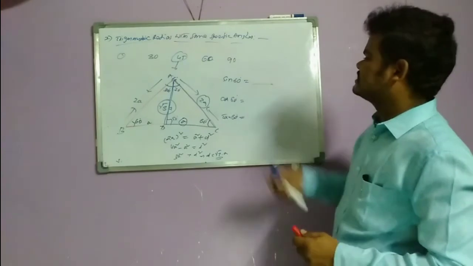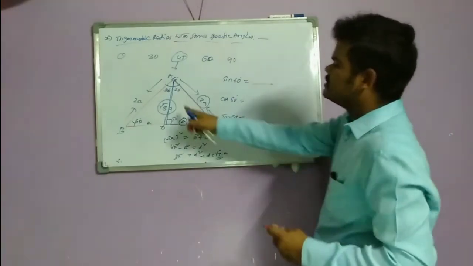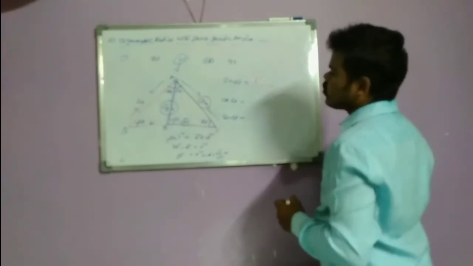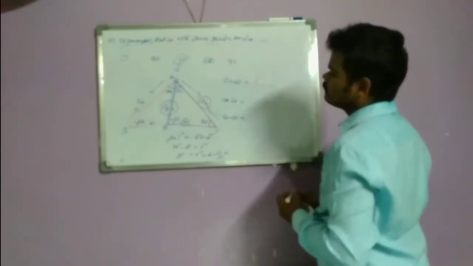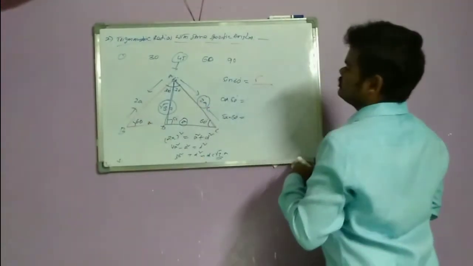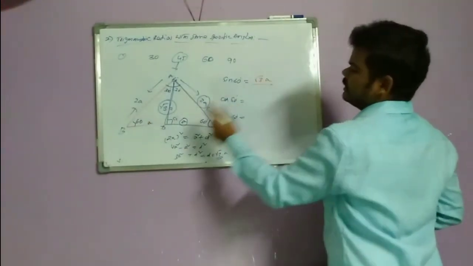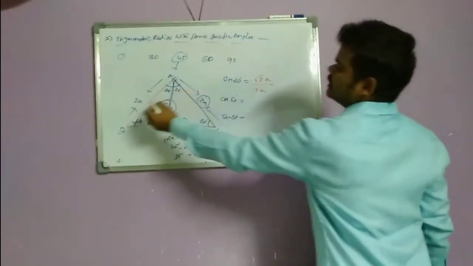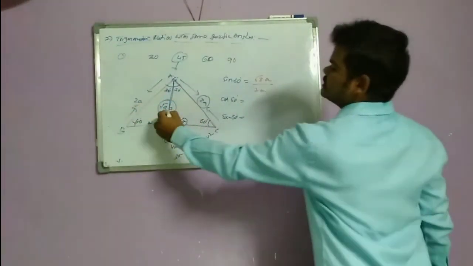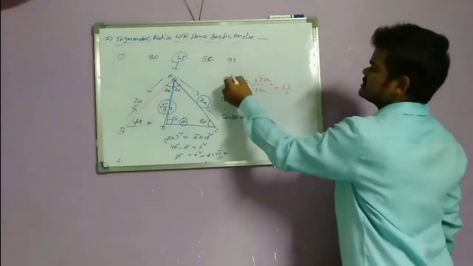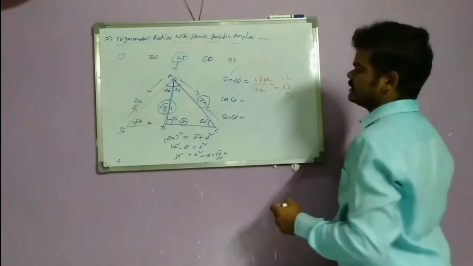Now sin 60. Sin means opposite side. Opposite side is root 3 into a, by hypotenuse, which is 2a. Now a is cancelled, root 3 by 2, sin 60 value is root 3 by 2.